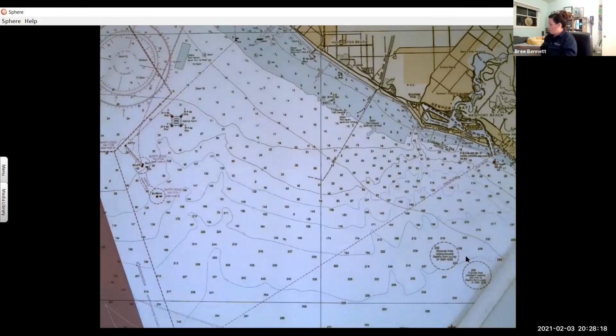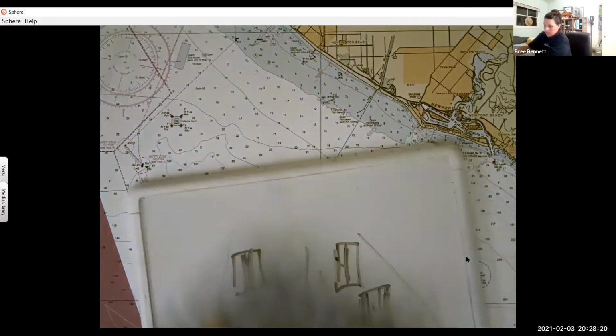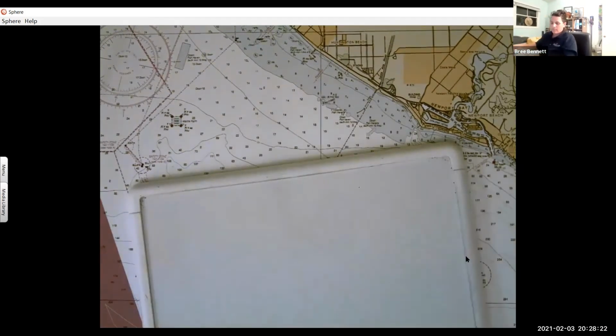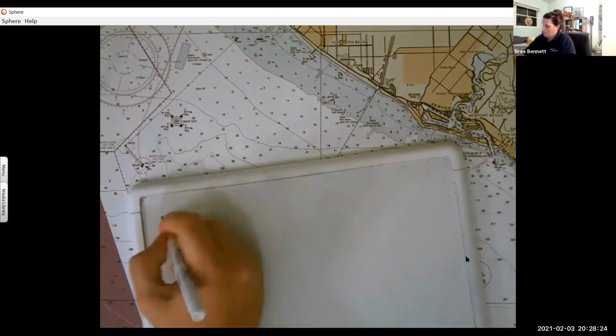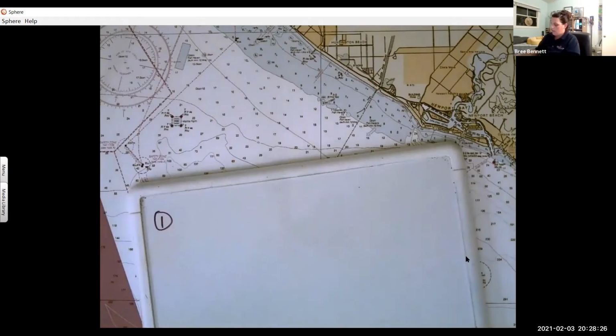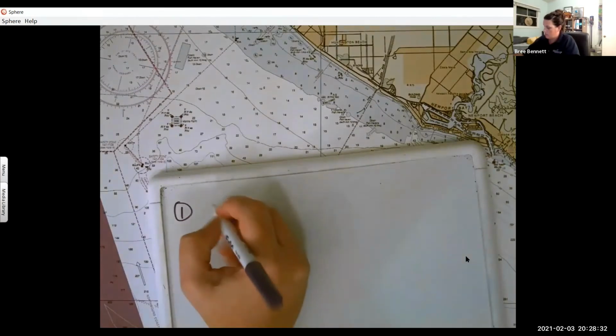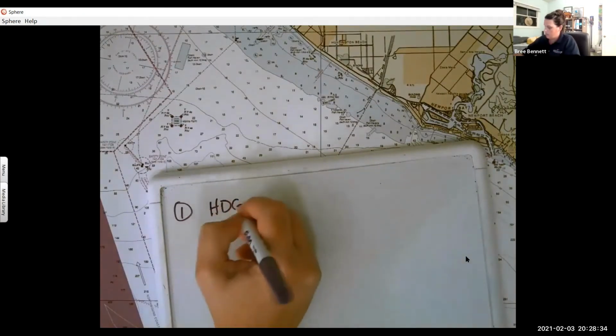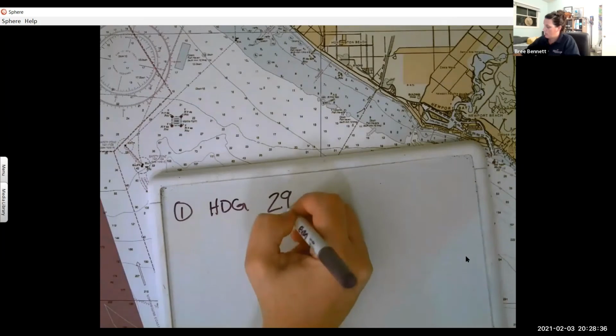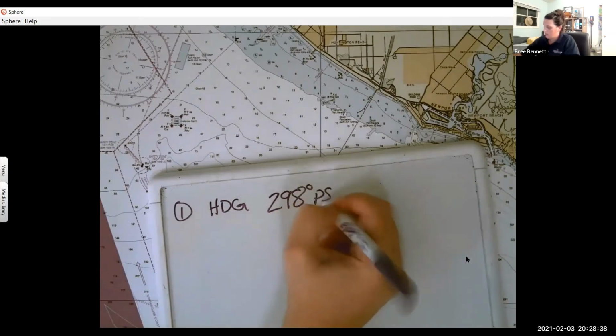Okay, so for number 1, for assignment 5, it says you are sailing on a course. So I have a heading of 298 degrees PSC.